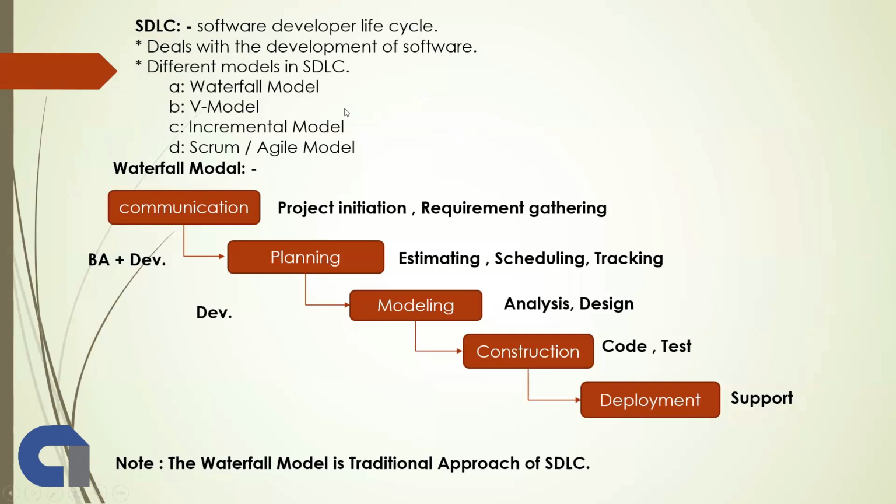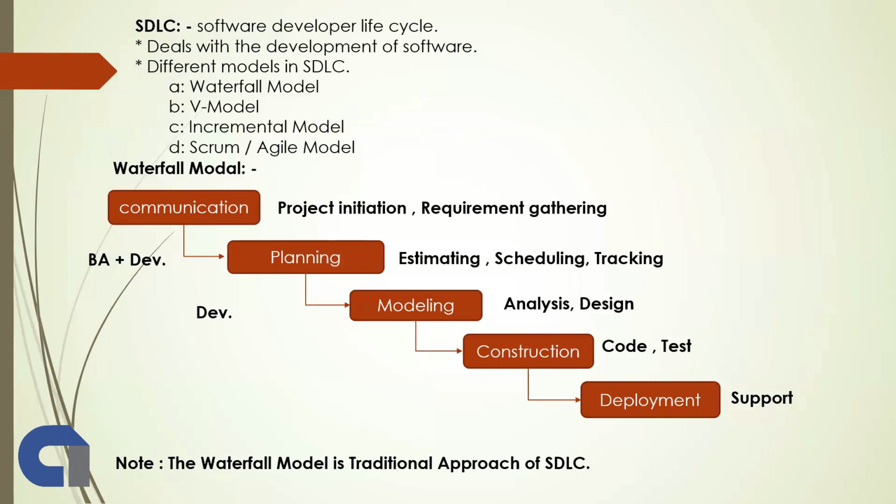In software development, we have different models. First model is waterfall, second model is V model, third is incremental model, and fourth is Scrum, or we can say Agile model. We start with waterfall, then go with the V model, then incremental, and then Scrum.